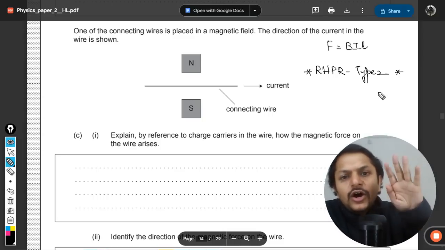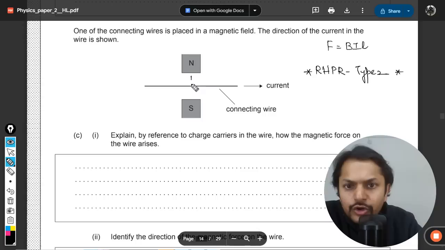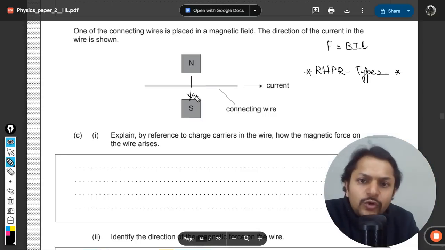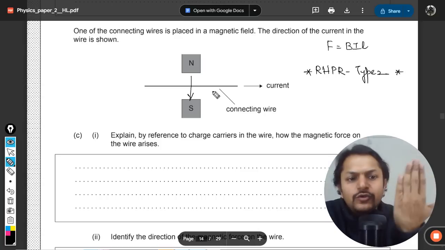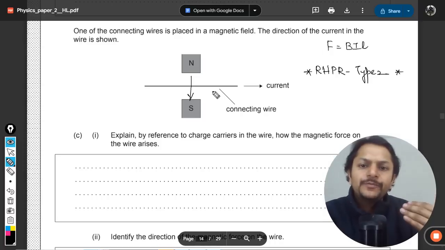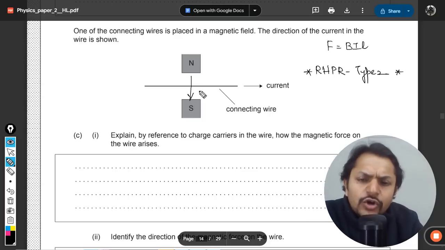If we use this, then you will be able to understand what is happening. On your fingers you have the magnetic field. The magnetic field is going from north to south, so the fingers will be downwards. The current is going in the right direction, so the thumb goes to the right. We can clearly imagine that the palm would be pointing into the page, so the force will be into the page.